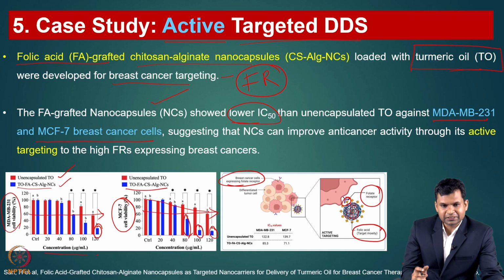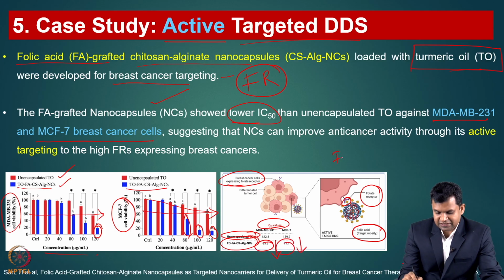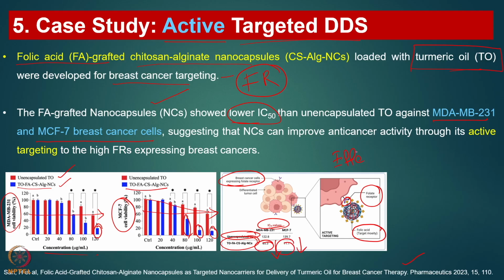Not only that, they have given the various IC50 values and compared them. Here this is the unencapsulated and this is the encapsulated with targeting. Now, you can see the IC50 value is very low. So, that speaks about the efficiency and the importance of active targeting.